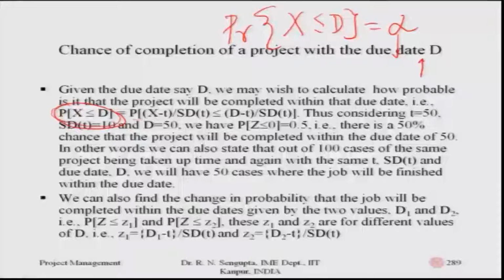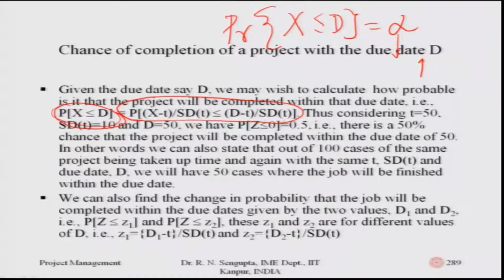The variance calculated was basically the sum of the variances for all the activities which are on the critical path. So, using the simple standard normal concept, this is the formula which I have: x minus the expected value divided by the standard deviation is less than or equal to d, which is the due date, minus t, which is again the expected value of t, divided by the standard deviation.